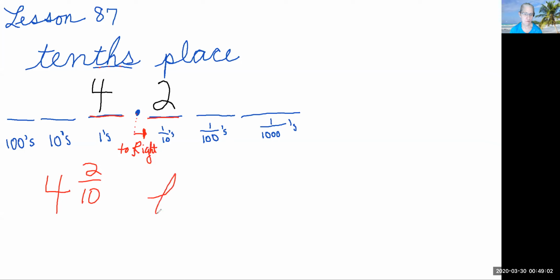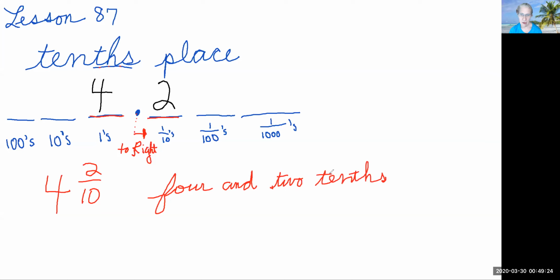So you can write 4 and 2 tenths, tenths with a THS.